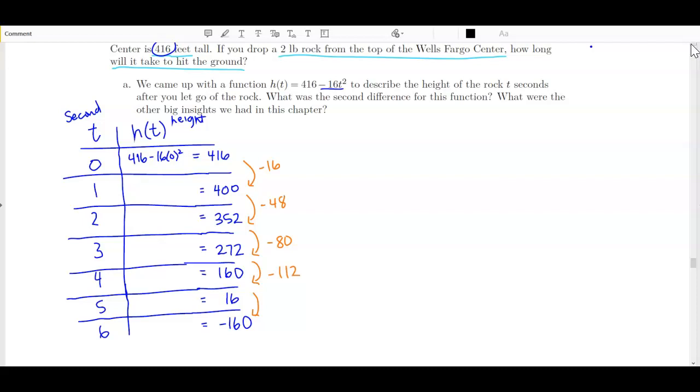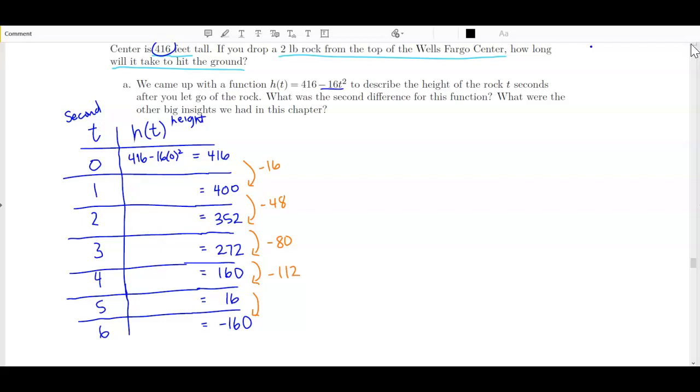In your calculator, remember you're going to be doing negative 48 minus a negative 16, doing your negative 48 first, minus that top number. What do you get there? Negative 32. Yeah, negative 32.